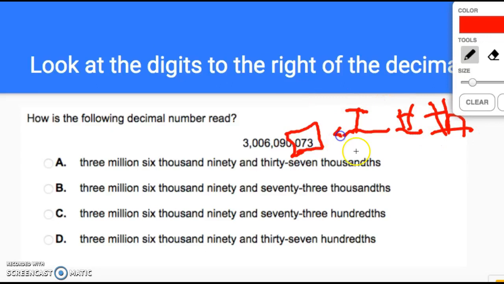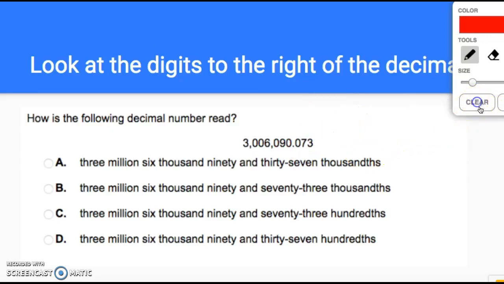Everything to the right of the decimal there, okay? 073. I don't need to read anything for the 0. I just have to say the number that's there and give the value to the last number represented. So this becomes 73 thousandths because it's in that thousandths place.